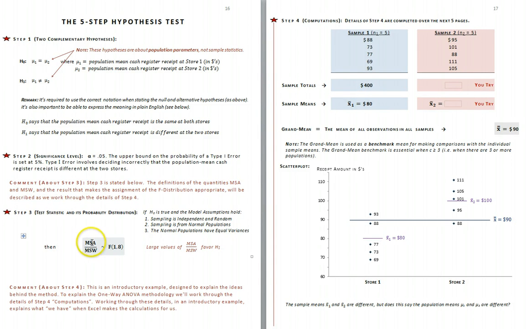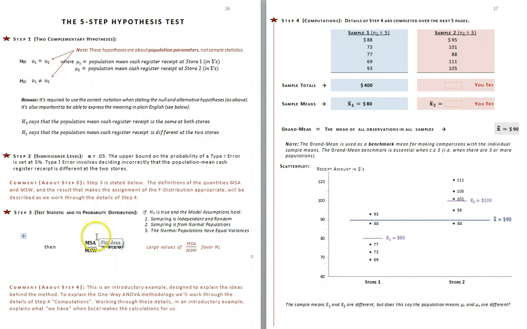Now, what our test statistic is going to measure, and as I said, we'll see this a little bit later, is how much variation there is amongst sample means, and it's going to compare that to the amount of variation within the individual samples.